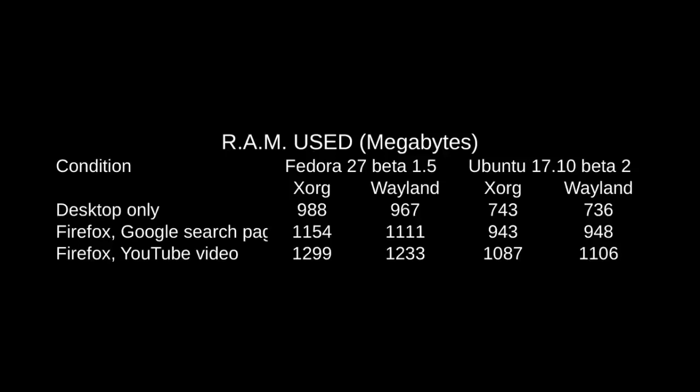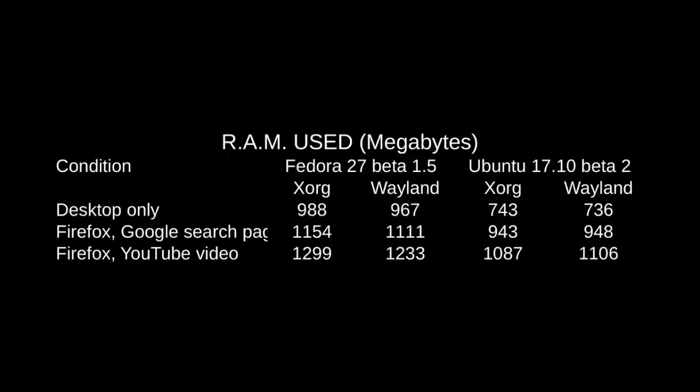So as you can see in the Fedora examples, the Xorg display manager is a little more resource intensive than Wayland. But if you compare Fedora and Ubuntu, you can see that the Xorg examples on Ubuntu are noticeably lower in their requirements than the examples for Fedora.